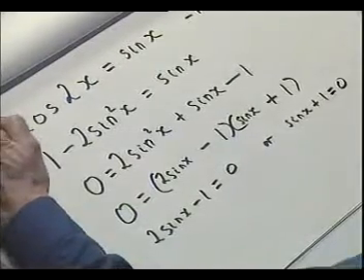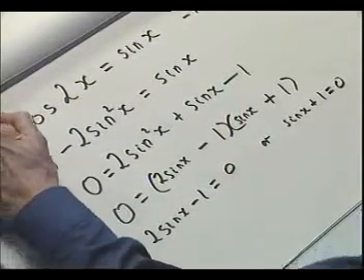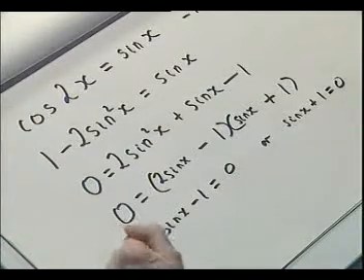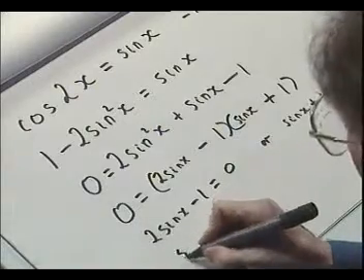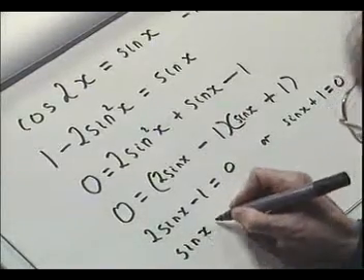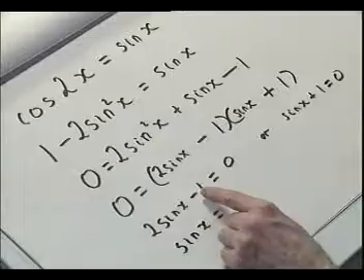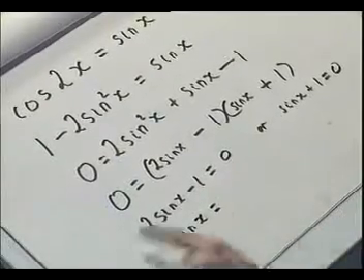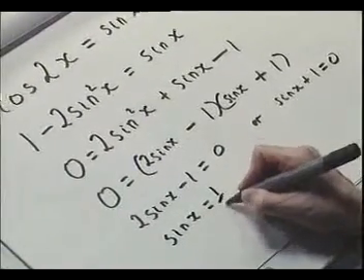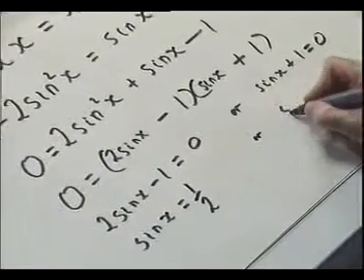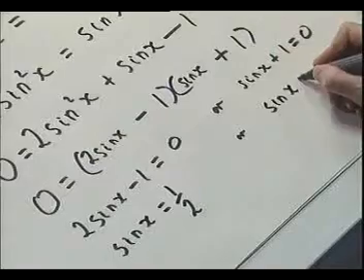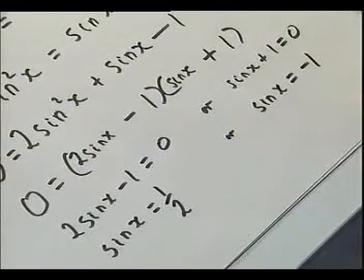And so we've reduced this fairly complicated looking equation down to two simpler ones. And this one tells us here that sine x is equal to, add 1 to each side and divide by 2, sine x is a half. Or this one here tells us that sine x is equal to minus 1.